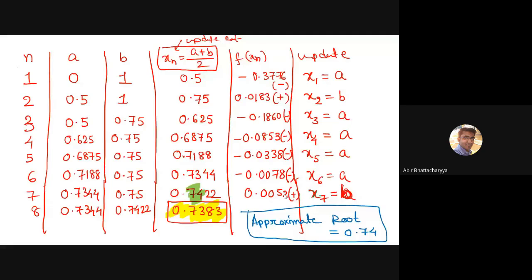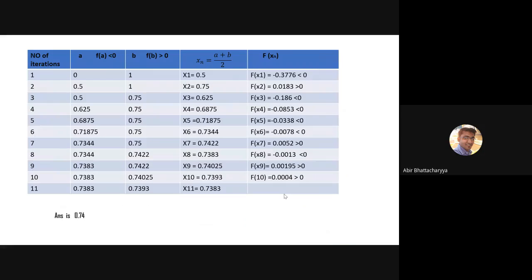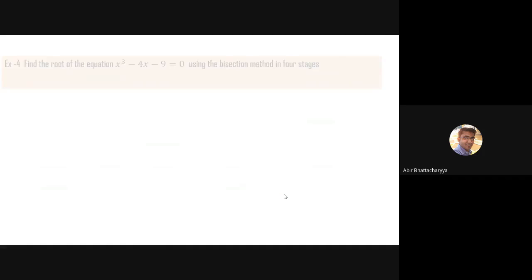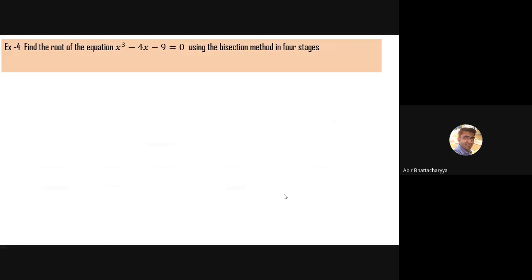Okay, guys. So let's proceed to the next question. We have observed this one is correct, and here we have done up to 11 iterations, but we can stop at 8 iterations. That's okay. Question number 4.